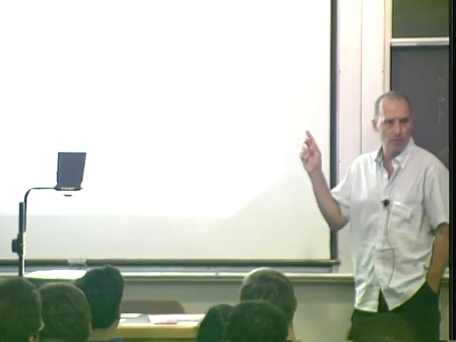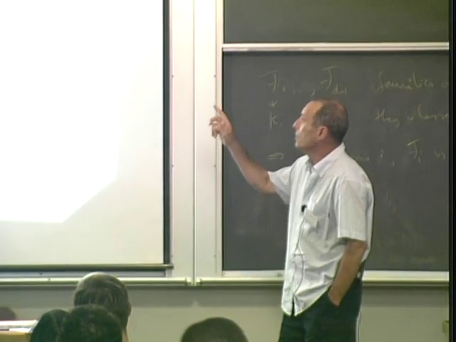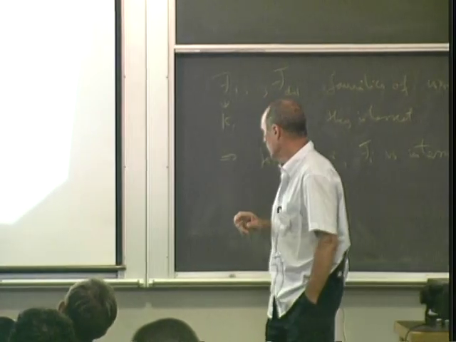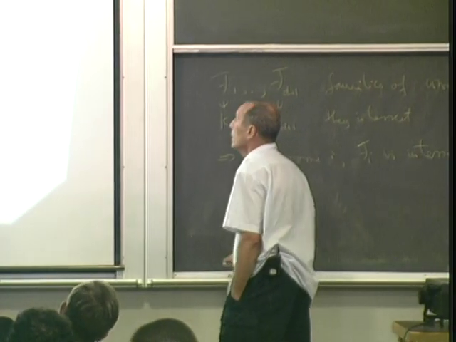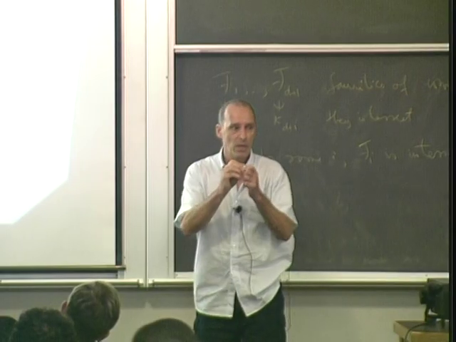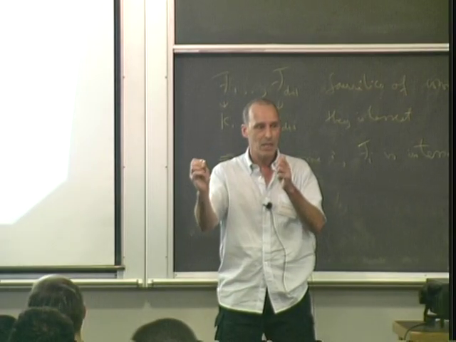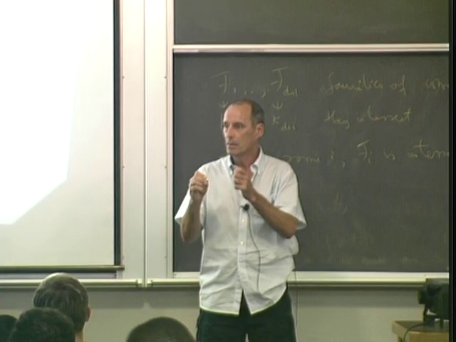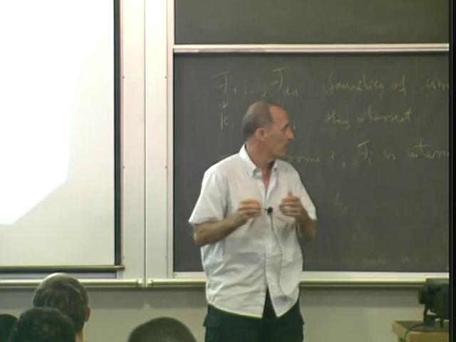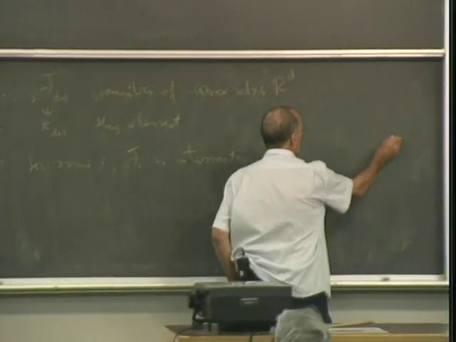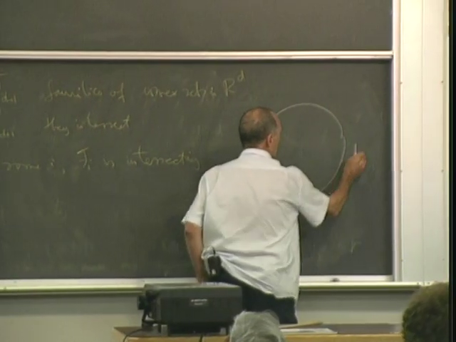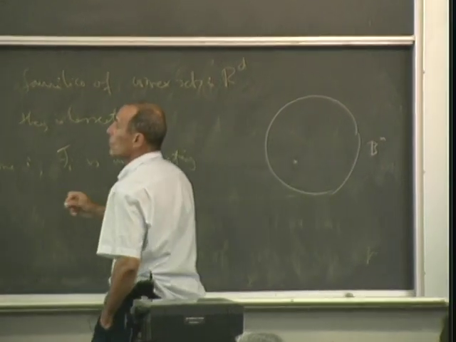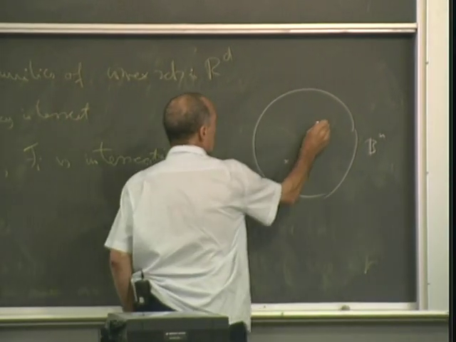So here is one form from the previous slides that implies Brouwer's fixed point theorem, and the proof is simple, and I explain it. This is when Bn is mapped onto Sn minus 1, with f antipodal on the boundary. So here is your Bn, and this is your point x, and this is your point g of x, where the map takes it.